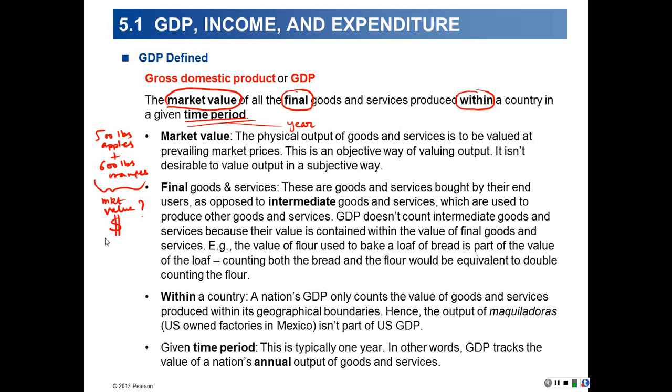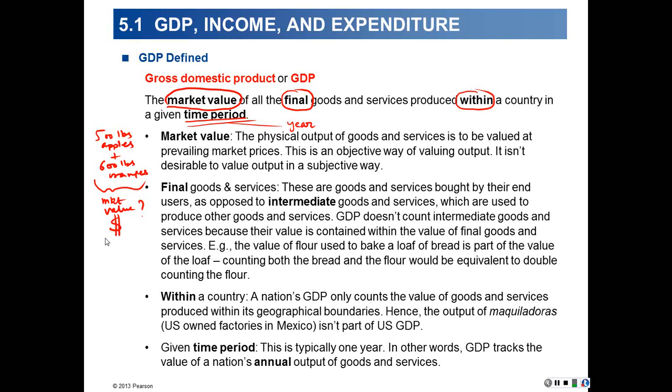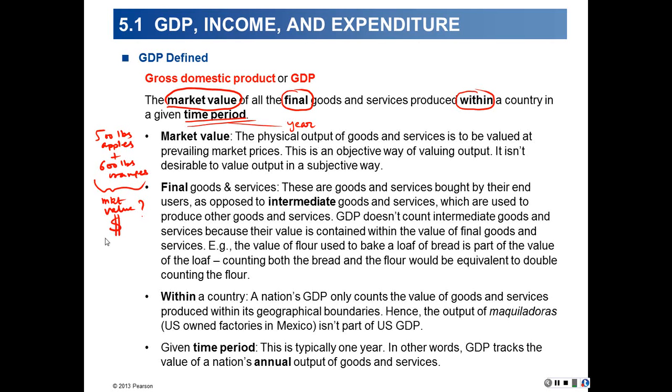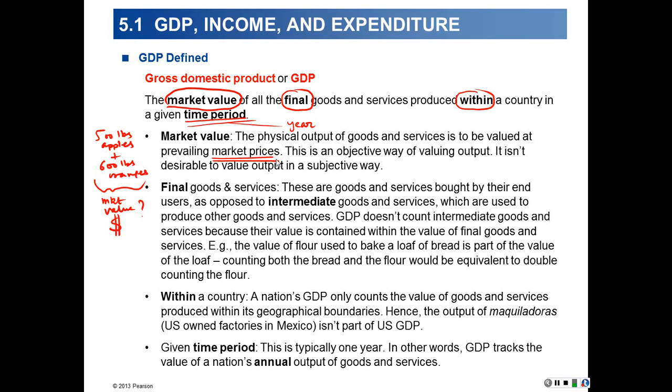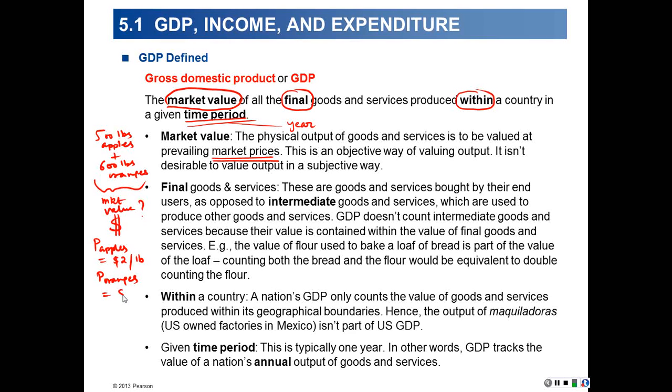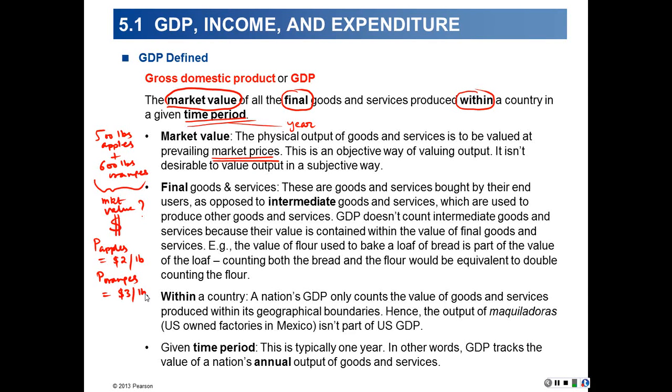How would we convert 500 pounds of apples into a dollar figure? We would use, according to the definition here, the prevailing market price of apples to do this. So let us say that the prevailing price of apples is $2 a pound, and let's say that the price of oranges is $3 a pound.